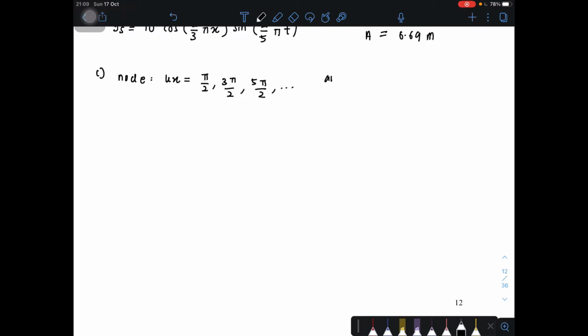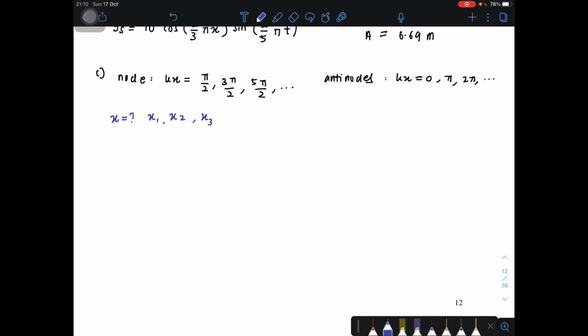And then for antinodes, kx is equal to 0, pi, 2 pi, and so on. Okay, dia ada lagi lah. Kamu just tambahlah 3 pi and so on lah. Because now what we want is to find the first 3 positions only. Bermaksud we want to find the value for x: x1, x2, x3. This is what we want.